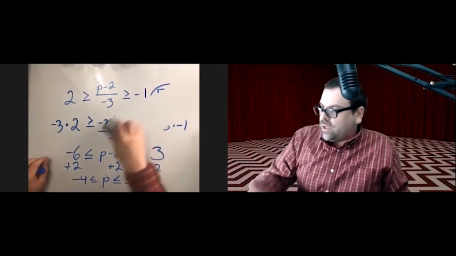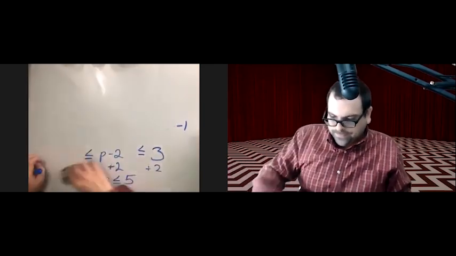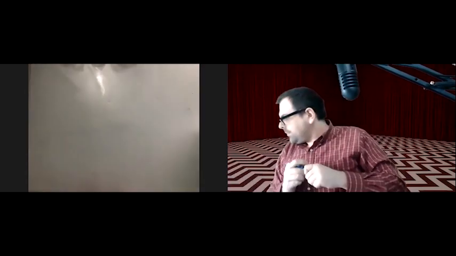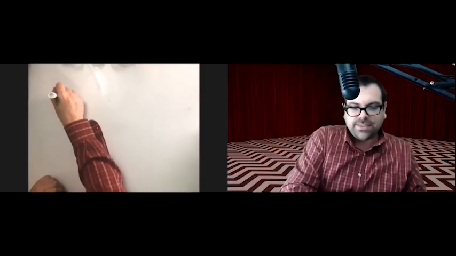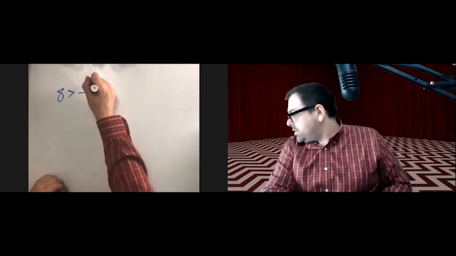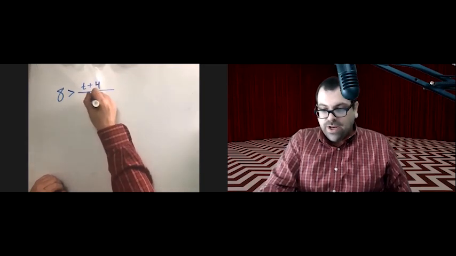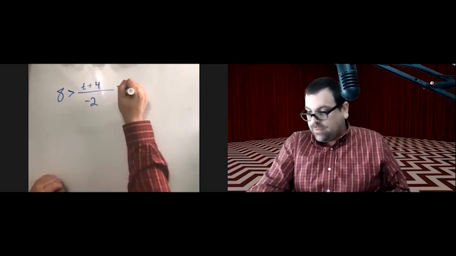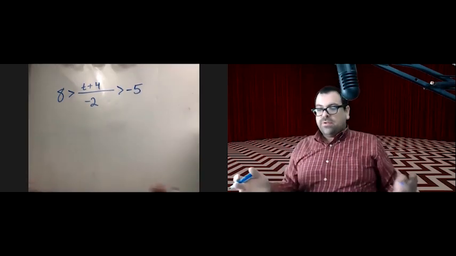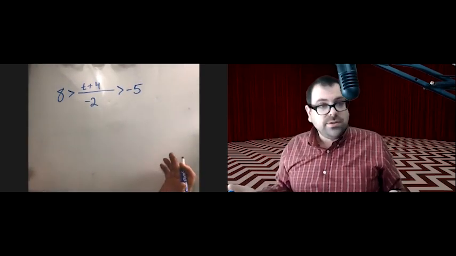Let's go ahead and do one more. 8 is greater than t plus 4 over negative 2 is greater than negative 5. Same sort of deal.